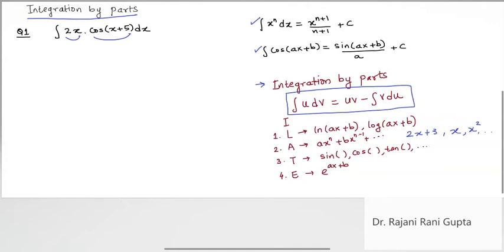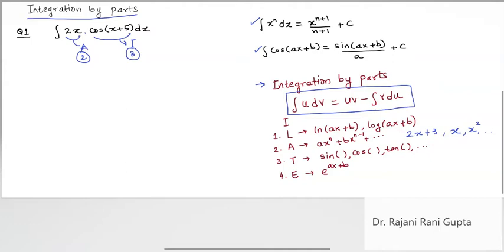So now we number them from 1 to 4, and then we have to select u as the term which comes first. So if we see our function 2x, it belongs to which category? It belongs to the algebraic function, which is at position 2, whereas cosine belongs to T, which is at position 3. So 2 comes before 3.